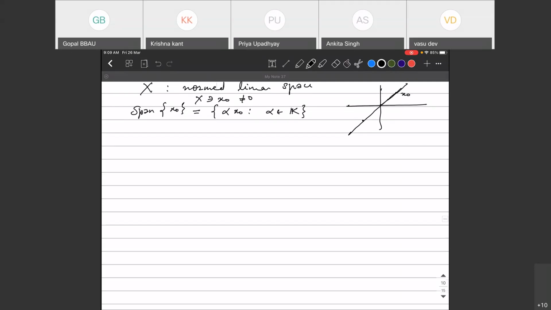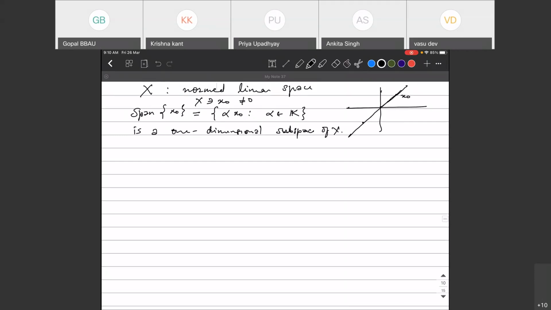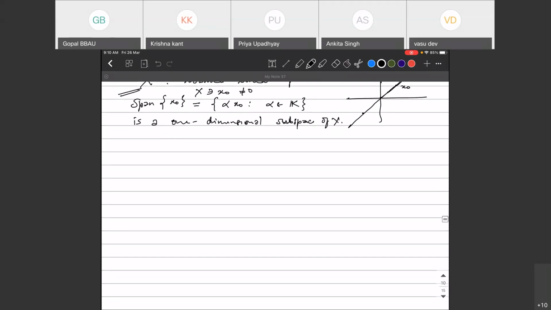So the span of x naught is a one-dimensional subspace of X. As I said, we didn't say anything about the existence of a linear functional on the whole of X, but we can say something about a linear functional on this subspace, the span of x naught.